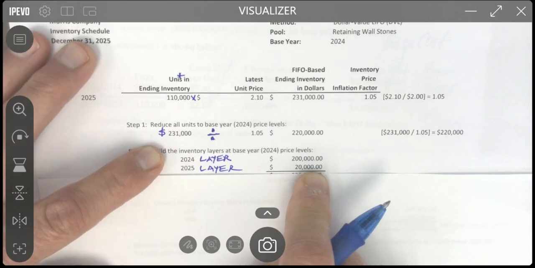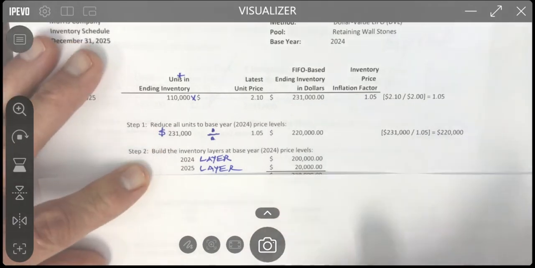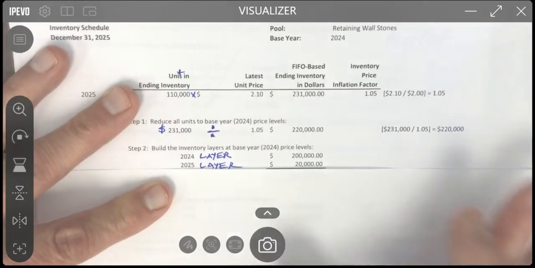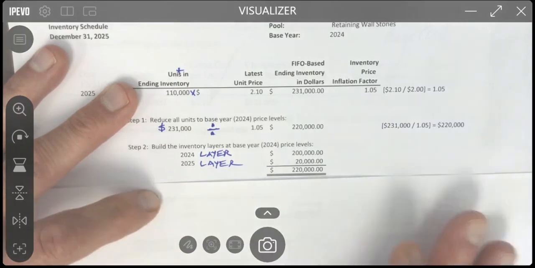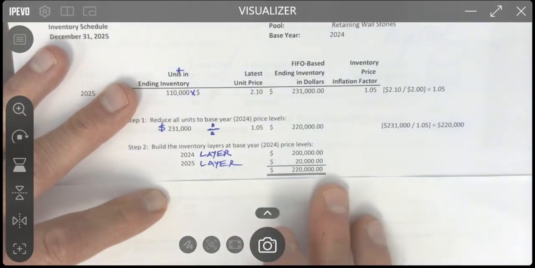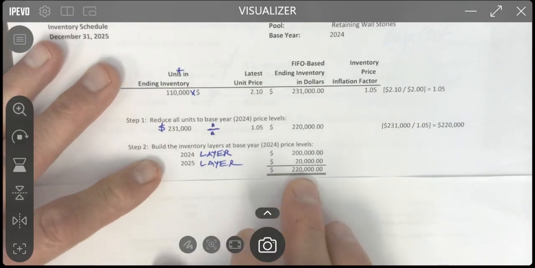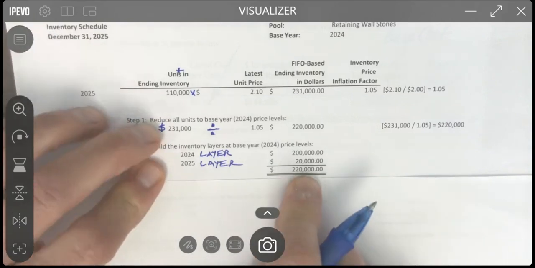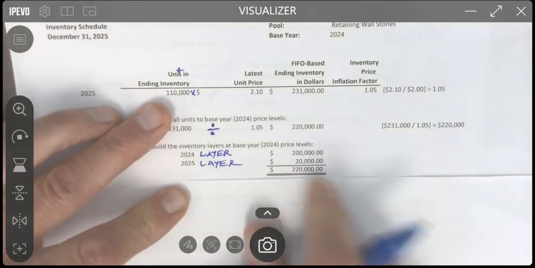It's comprised of 10,000 more bricks. And so inventory at the base year price would be 220,000, which makes sense because there's 110,000 bricks and the base year price was $2.